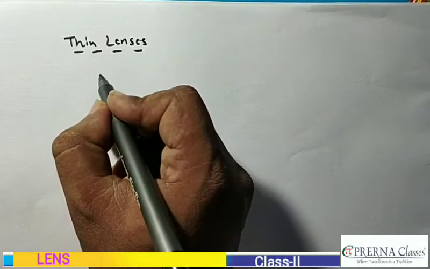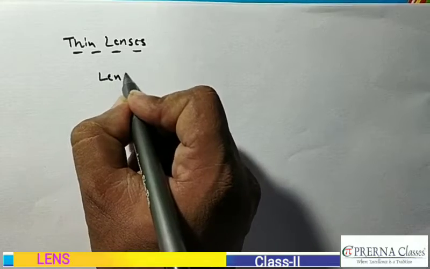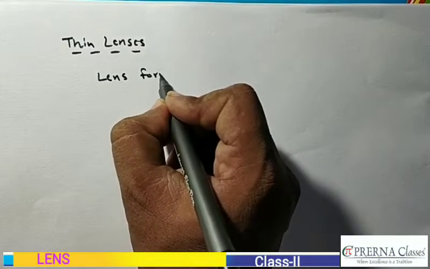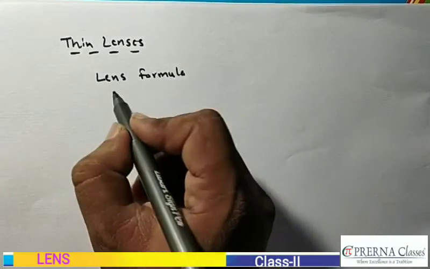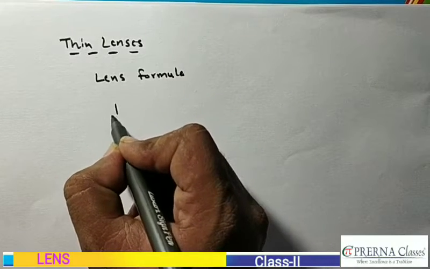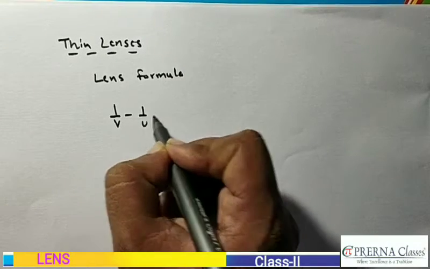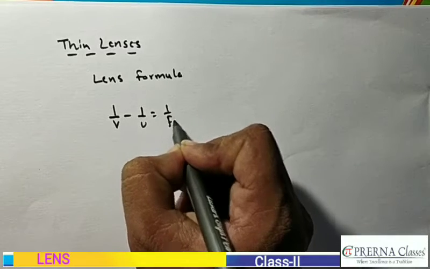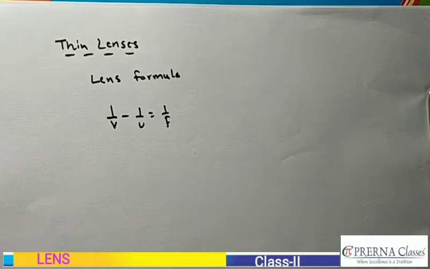So here, lens formula: 1 by v minus 1 by u equals 1 by f. Okay?